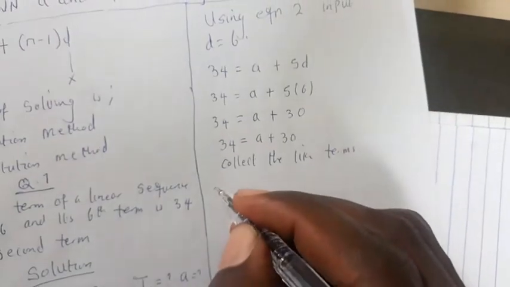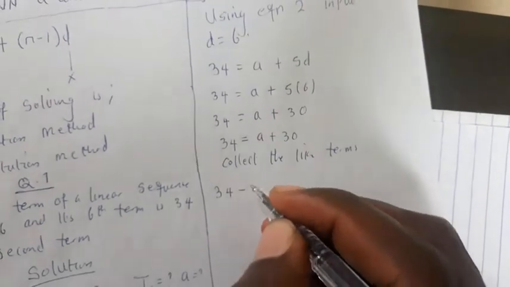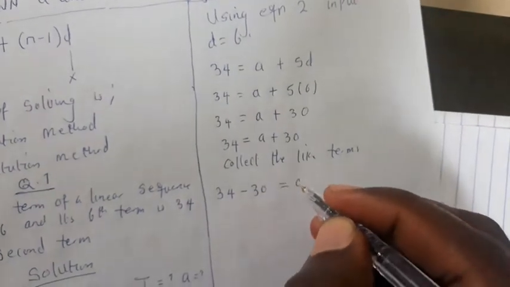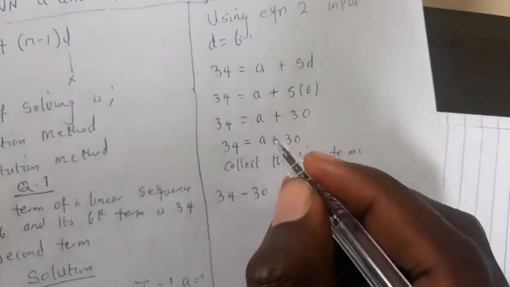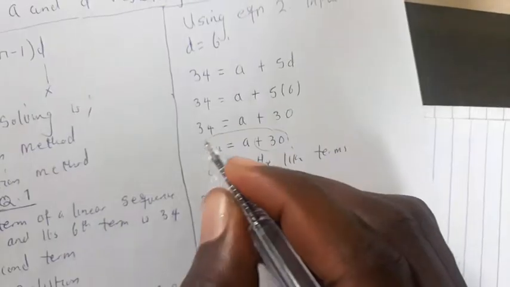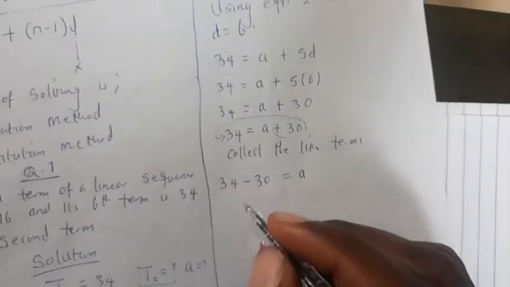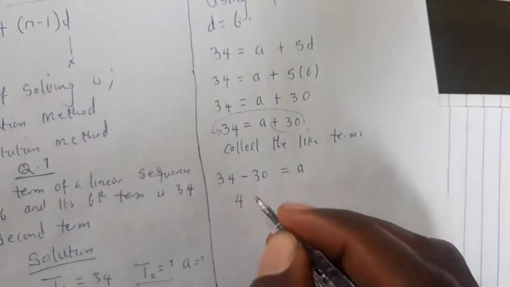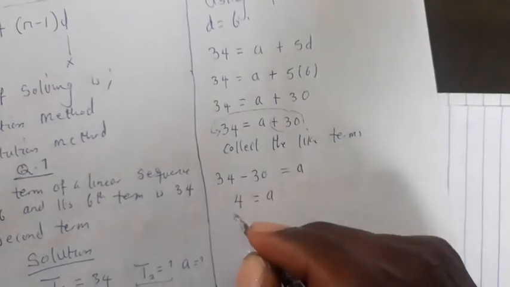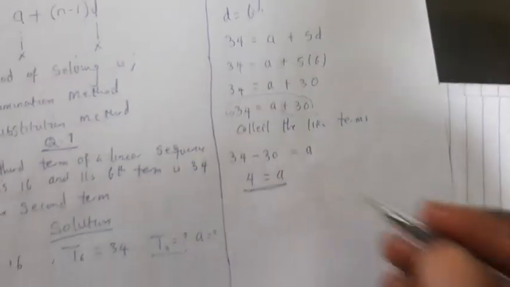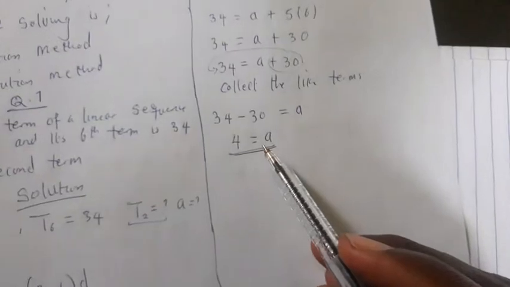We have 34 minus 30 equals A, because 30 will cross the equal sign and meet this 34. So 34 minus 30, the answer is 4, equals A. So A equals 4. We have gotten our D to be 6, our A to be 4.